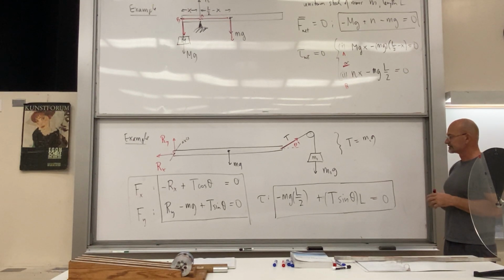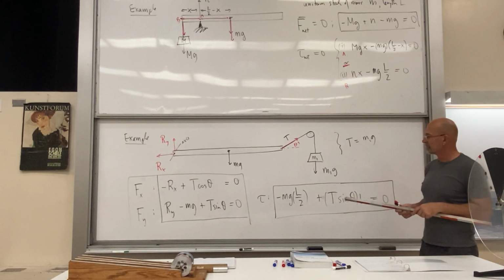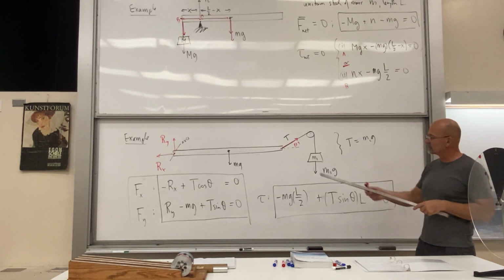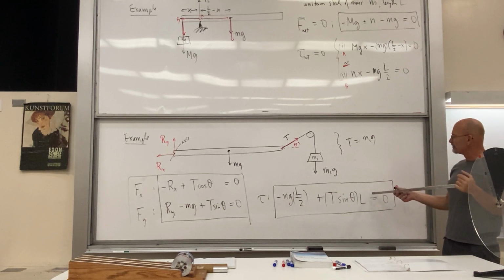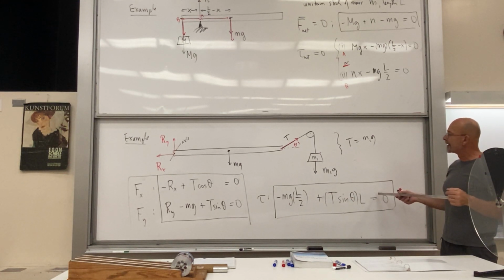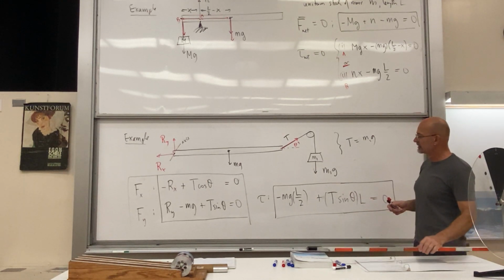So there's an example that relates all three of these quantities. Two equilibrium conditions for the force, an equilibrium condition for the torque, and you have three equations you can solve for three unknowns.